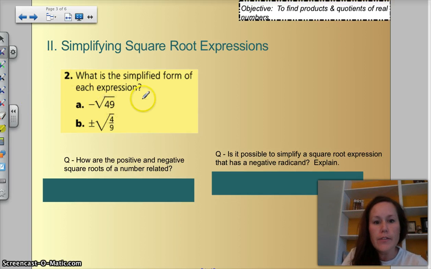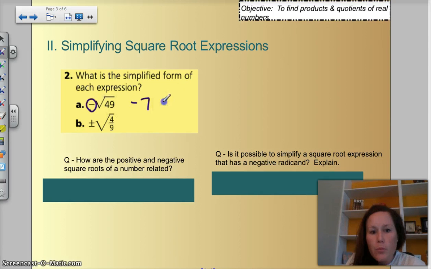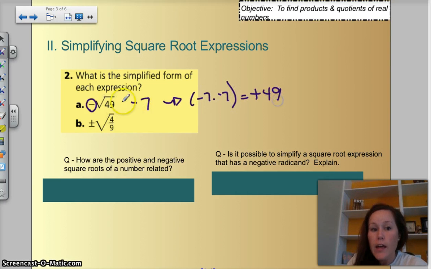Well, 7 times 7 is 49, but I want the negative square root of that. So I'm going to add my negative sign here. The reason that that works is because negative 7 times negative 7, again, is going to give me positive 49. The radicand here is positive, so it's okay for me to have a negative square root.